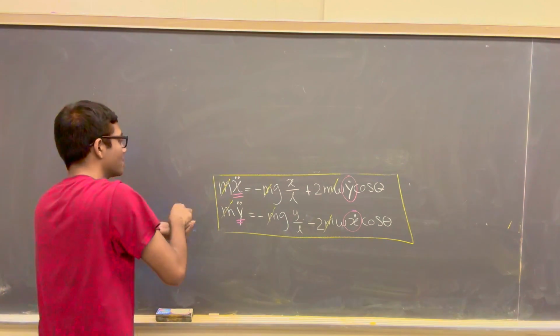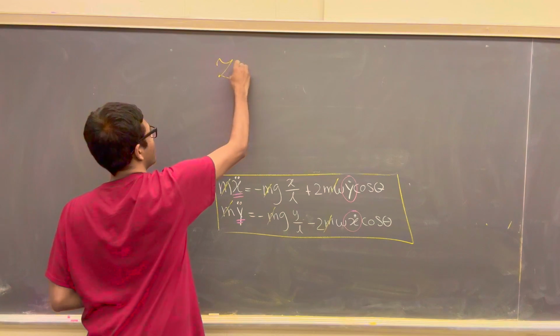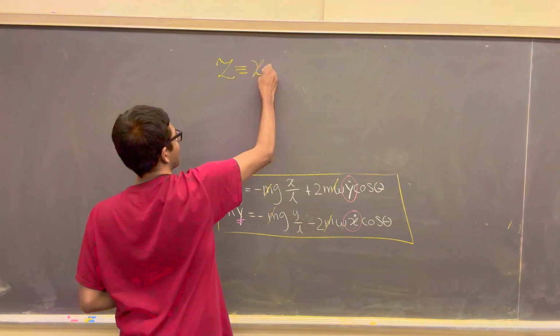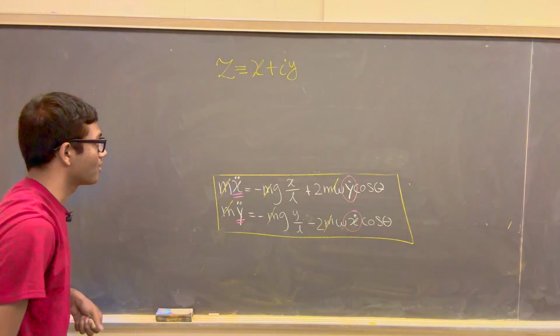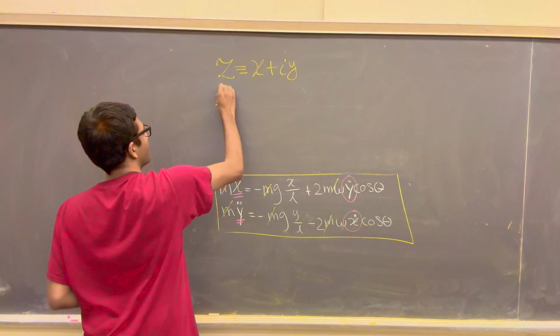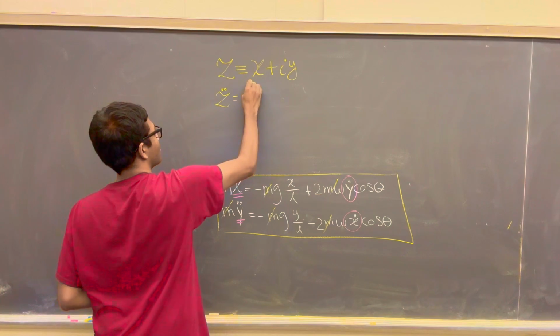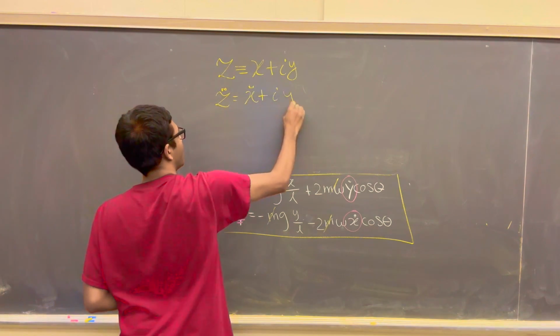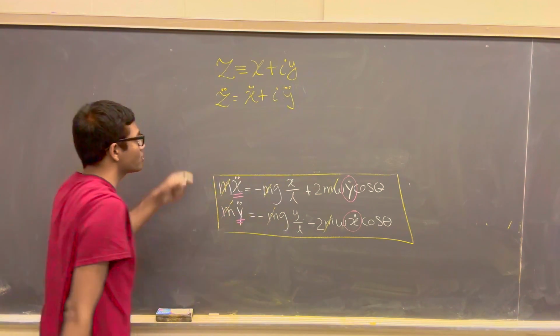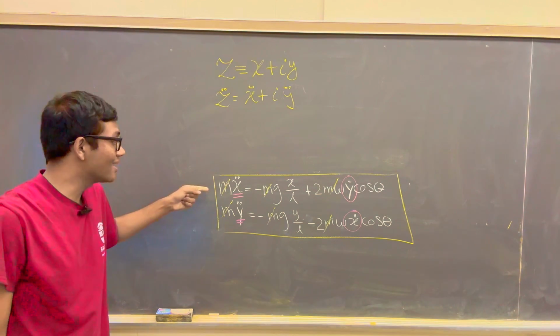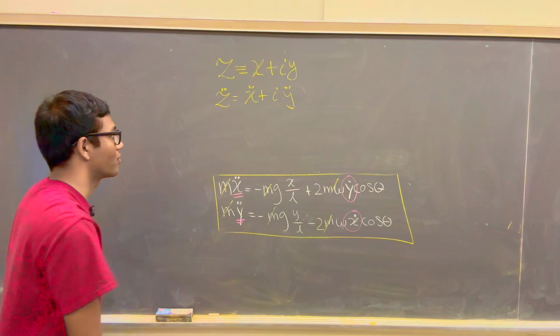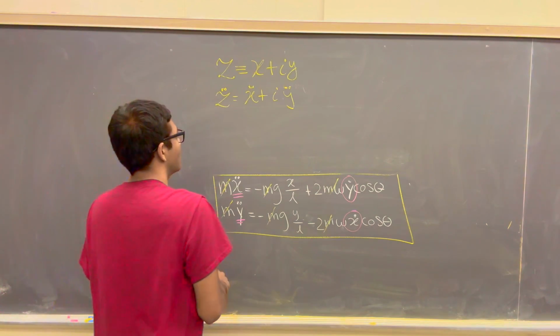So I'm going to introduce a variable z, a complex variable made out of x plus iy, so that z double dot is x double dot plus i y double dot. I'm going to try to solve this one differential equation instead of these two coupled differential equations. Let's see if that helps us at all.